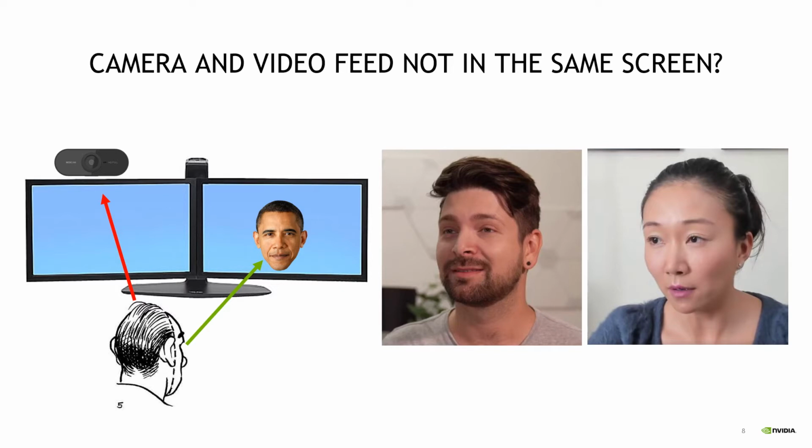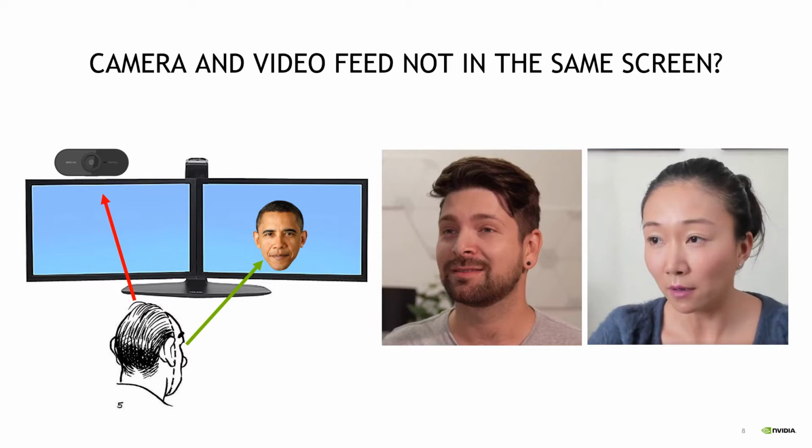Although the gaze correction techniques that we showed on the previous slide can more or less change the gaze, the degree of correction may not be sufficient for a proper face-to-face talking experience.